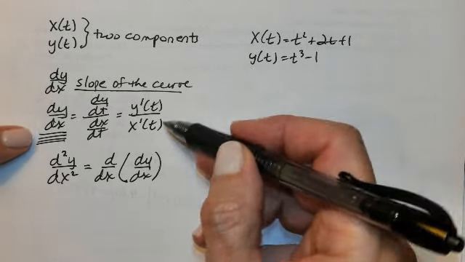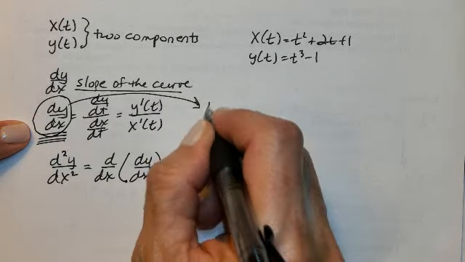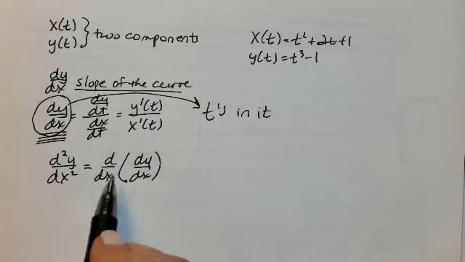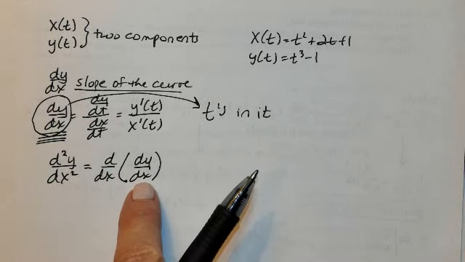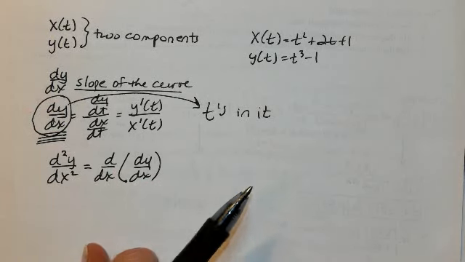When we're in parametrics, dy dx is going to have t's in it. So you're taking the derivative with respect to x of something with t's in it. So you're going to have to do this implicitly. All right? We'll do some examples.